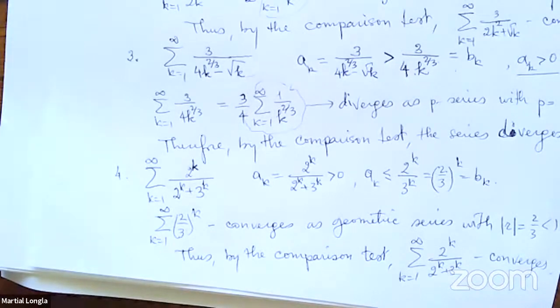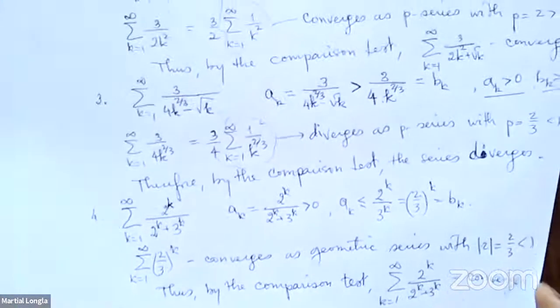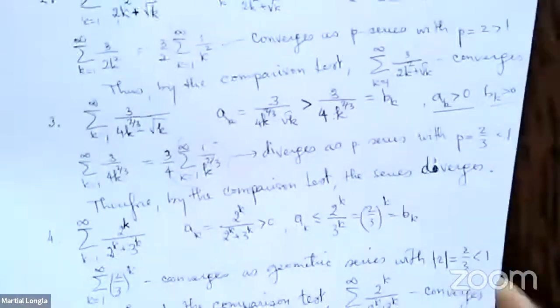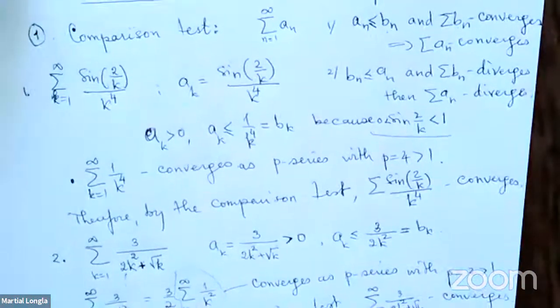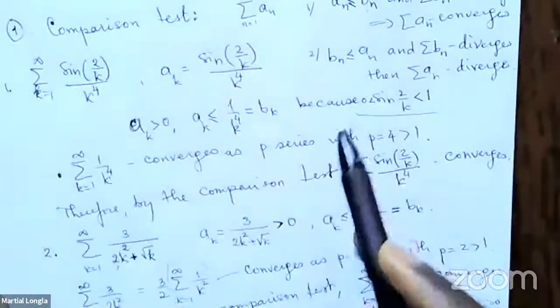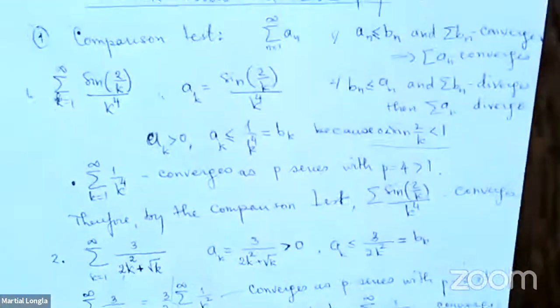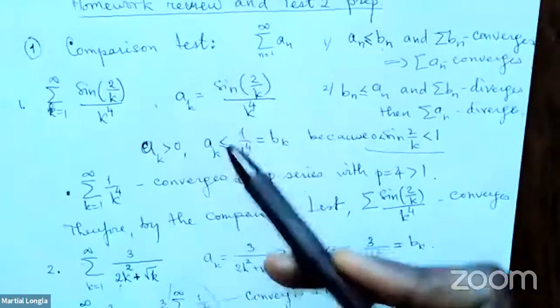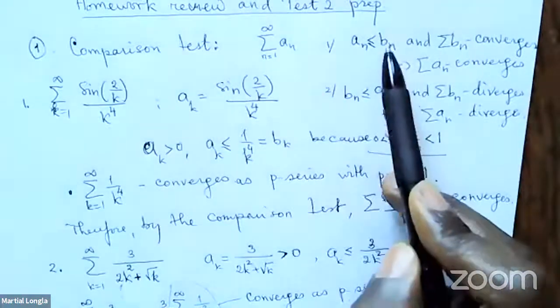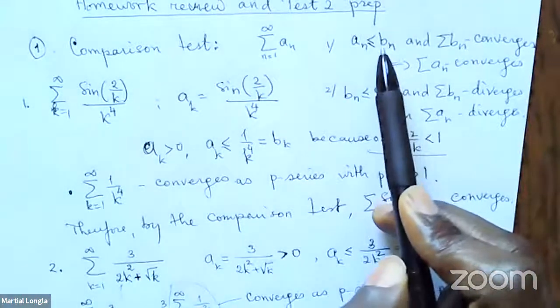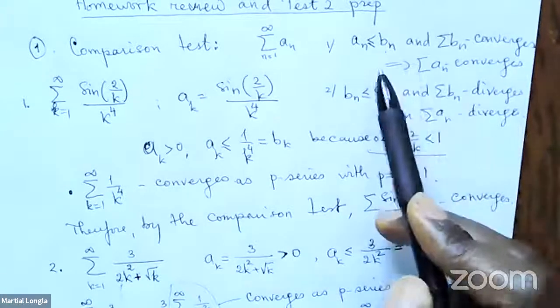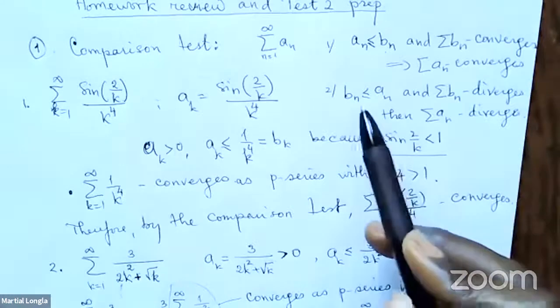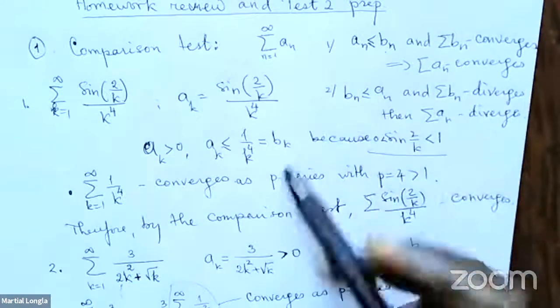Now that was the comparison test. Again, those are the rules. If you have a sum and you feel it converges, then you put a sequence on top, you show that the series that is formed with that sequence converges, then you conclude that the original series converges.